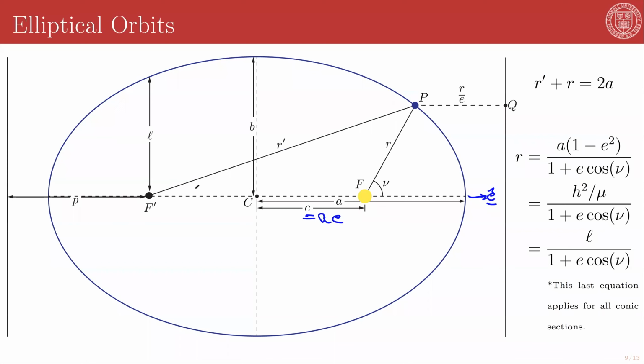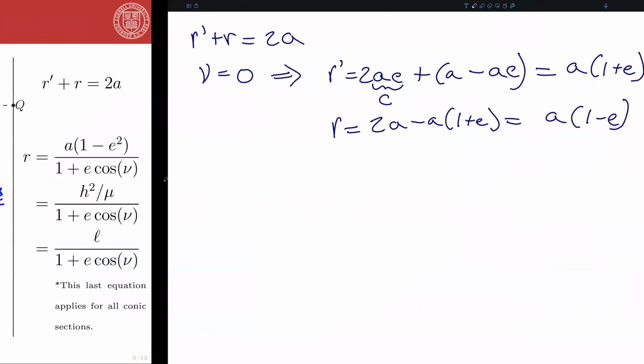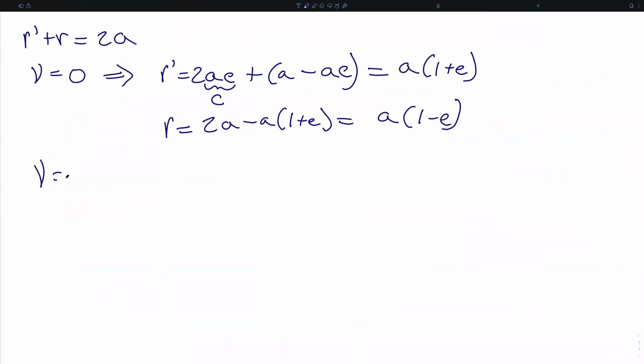We can also think about the opposite case where nu is equal to 180 degrees or pi radians. And in this case, we will get the result that R is equal to A times 1 plus E. Because these are special points, because these are turning points, we give them specific names. This turning point is called periapsis, and this turning point is called apoapsis.